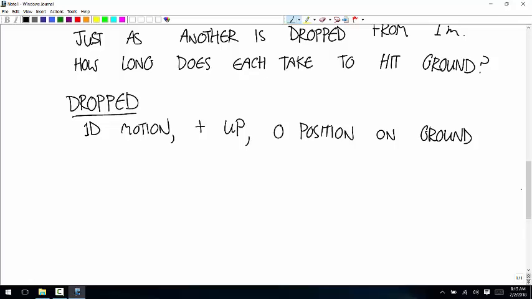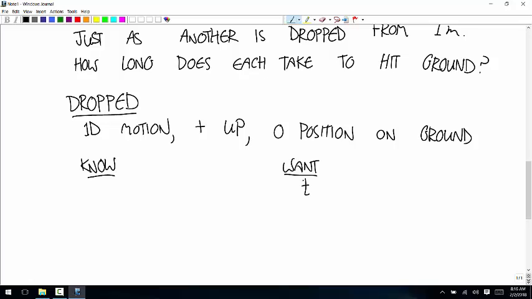So this is the one that's just dropped. In this case, it's just moving in a line. You could do it in 2 dimensions. It's just the X dimension is going to have 0 initial velocity. Okay, so what do we know? What do we want? That was rhetorical. Do we know the elapsed time? No, that's what we're trying to find.